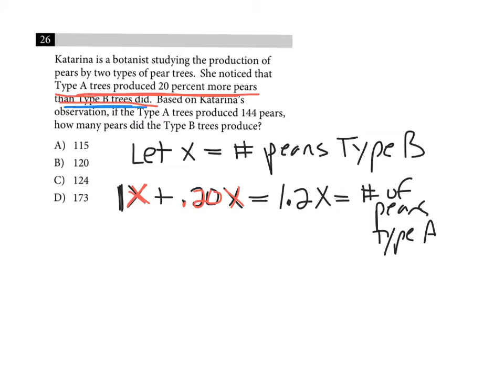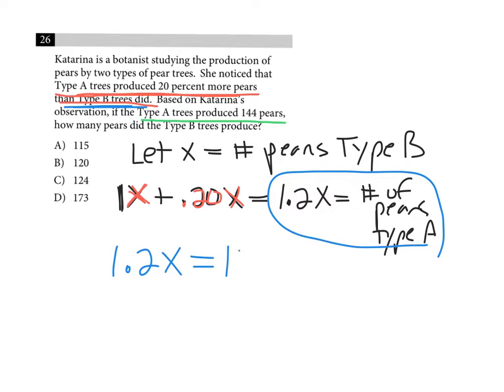Based on Katerina's observation, the type A trees produced 144 pears. So the type A trees, so that's 1.2x, produced 144 pears. So that's the equation that I'm going to use to solve for x. Here I'm going to divide both sides by 1.2.